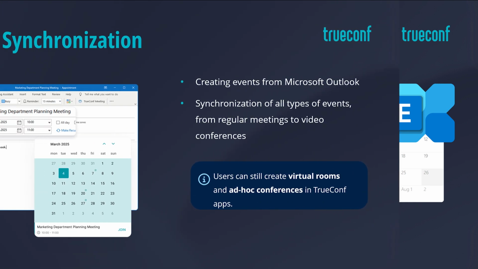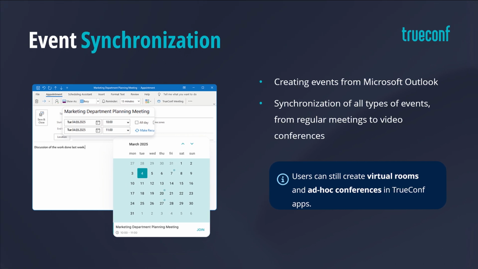We synchronize all types of events. We synchronize all the information about events. And that synchronization happens in real time. TrueConf Calendar Connector actually doesn't ask Exchange Server about updates. It works in a different way, where Exchange Server, using Exchange Web Services, tells us about the changes which happen to the user events.